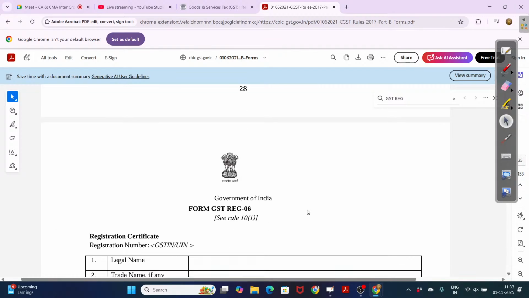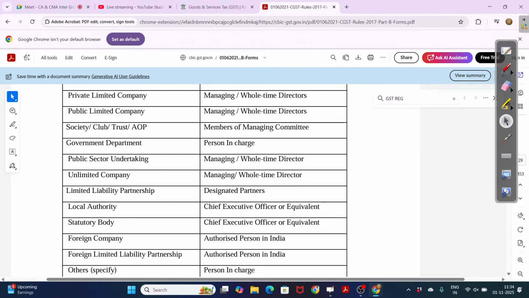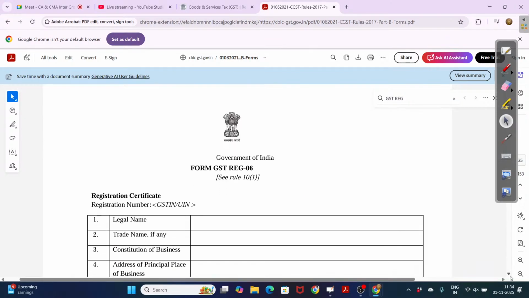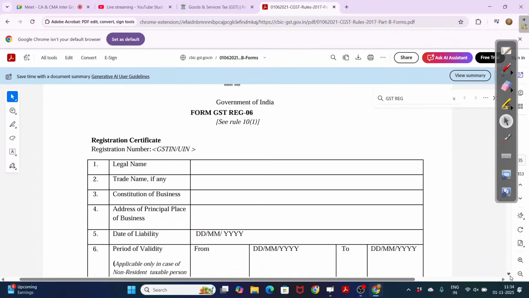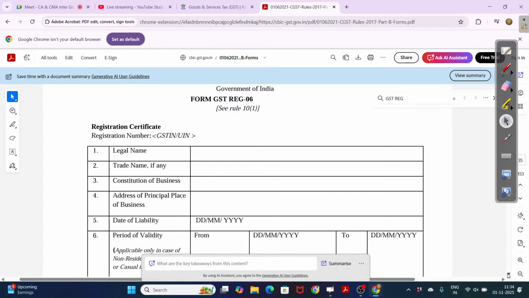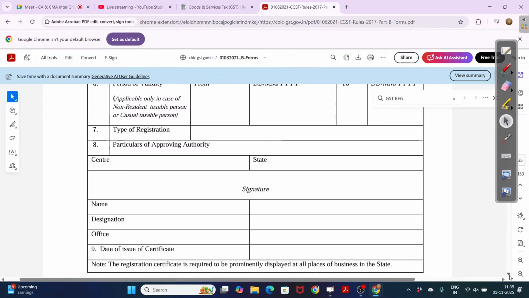Yeah, this is form GST REG-6. You have to display this in your shop, stating that you are a registered person and eligible for collecting tax. It has the government symbol, Government of India, your GST number along with legal name, trade name, constitution of business, address of principal place of business, date from when you are liable, validity of the GST, and type of registration, whether composition or regular.